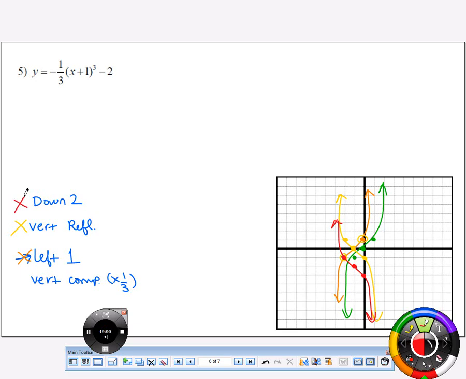So that's done. And then to vertically compress it by 1/3, this is why it was really important that we know where the vertex is. The vertex doesn't move. Okay? But you're looking at the vertical distance of the points around the vertex. You're going to take how far they are currently, and you're going to times it by 1/3.